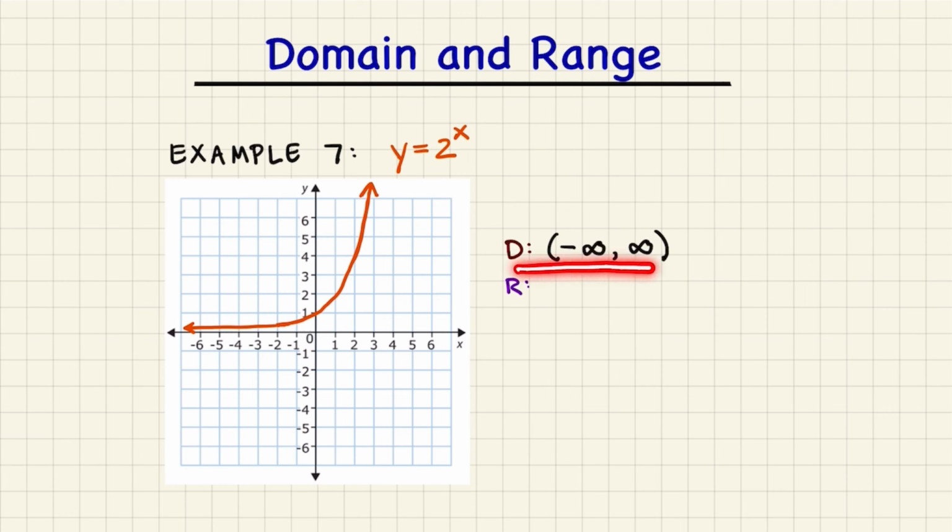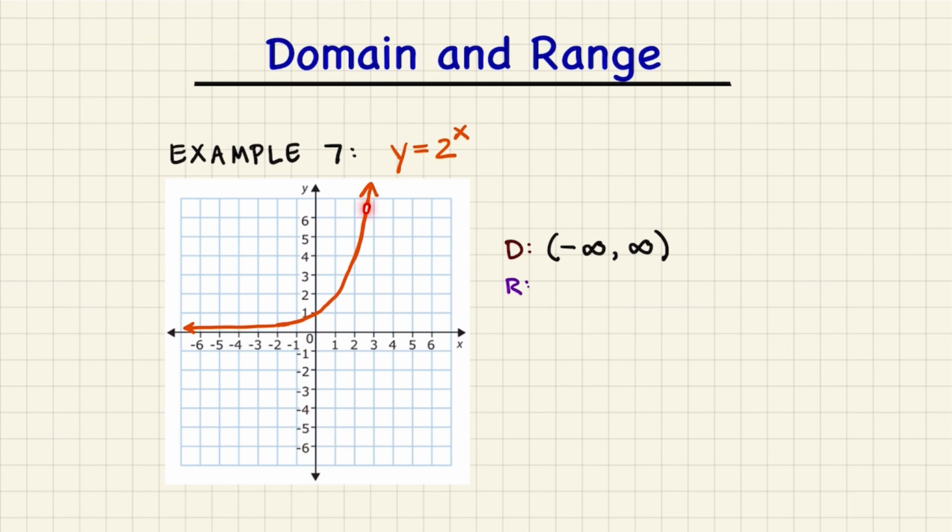Again, this you might see listed as, or you could also write it as this symbol, this R with the double line, or written out as all real numbers. So you could write this, or you can write it as an interval. All right, moving on to range. So we're looking at the lowest possible y value.